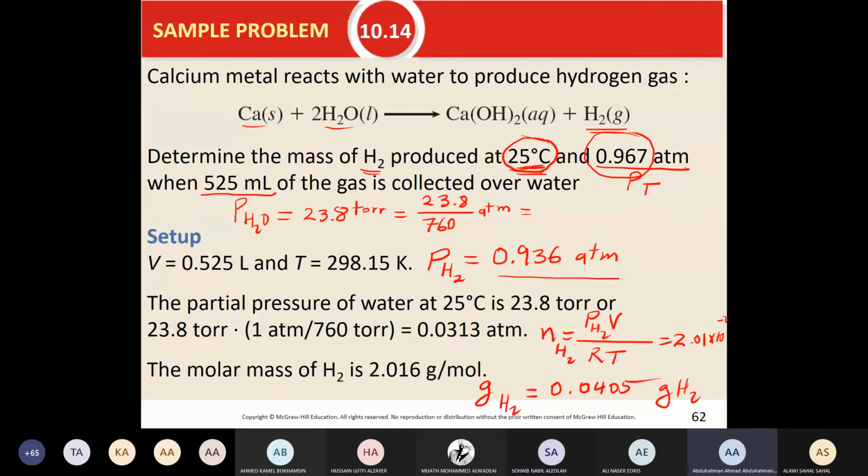Yes. All we need to do is the number of moles multiplied by 2 times 1.008. Why did I write 2 here? Because it's H2. And what's 1.008? Molar mass of hydrogen atom. Exactly. Any question?